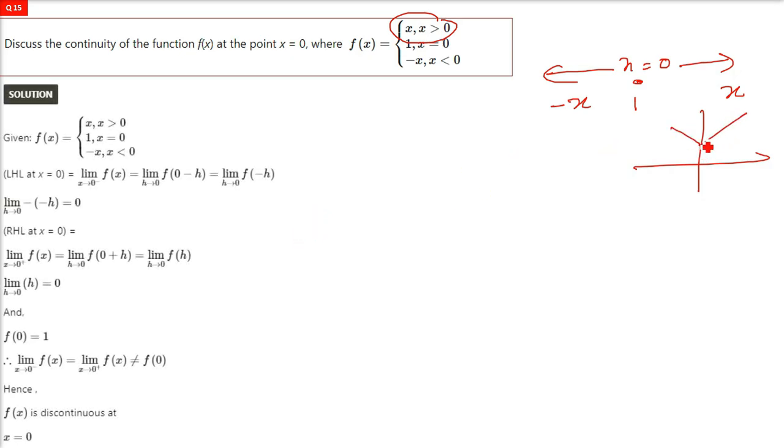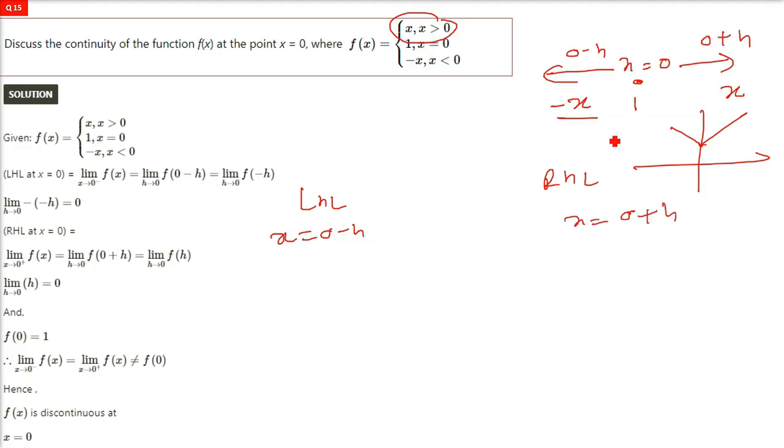Now coming back to our continuity and discontinuity, we have to check for left hand limit and right hand limit. So LHL, RHL, just replace x by 0 minus h in the LHL, 0 plus h in the RHL. So minus x and plus x. In minus x, this x we have to replace by 0 minus h. It is actually equal to minus h only.